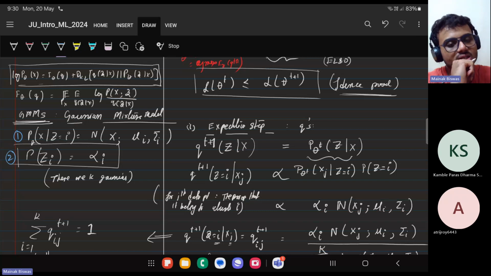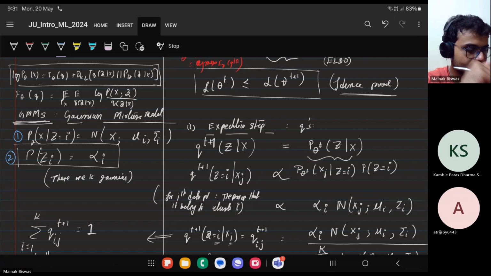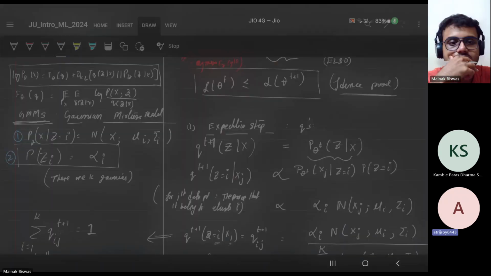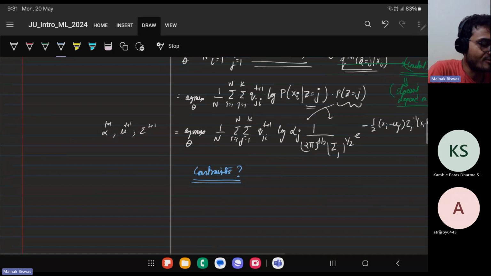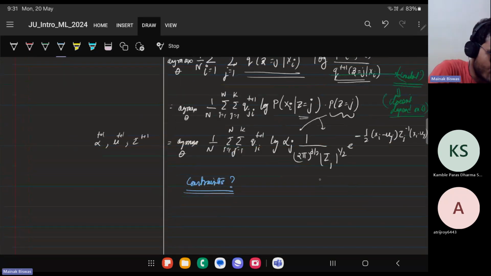You had asked me this question in the beginning of the class. What is a multinomial? That is the hint. Summation of alpha i, i equal to 1 to k, is equal to 1. You can't just take any alpha i's, right?